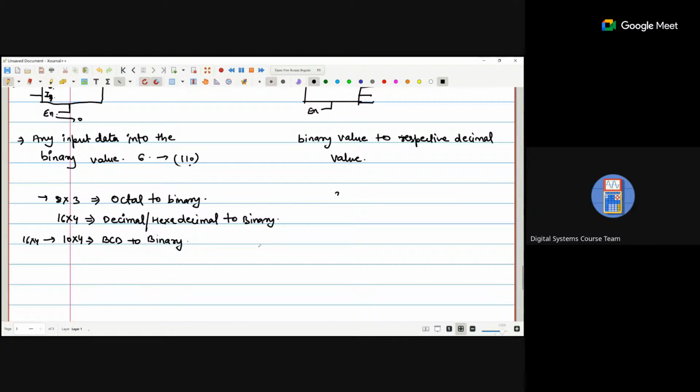Similarly, if it is 3 cross 8, we call it binary to octal. If we have 4 cross 16, it is binary to hexadecimal, and 4 cross 10 is binary to decimal.